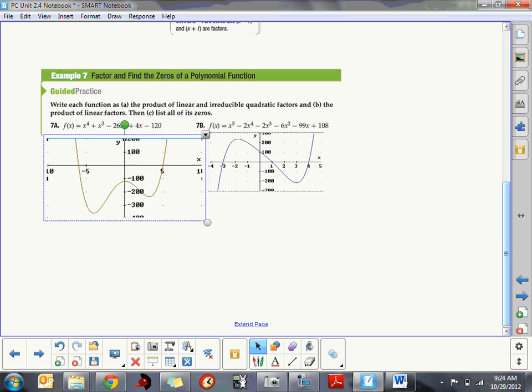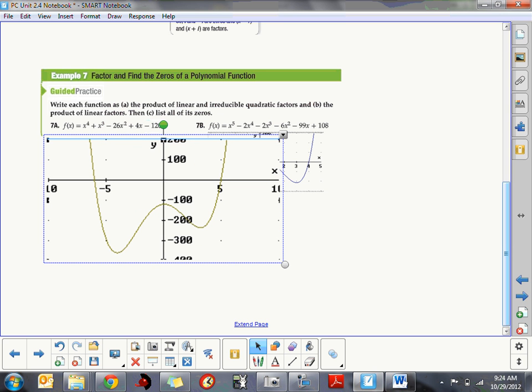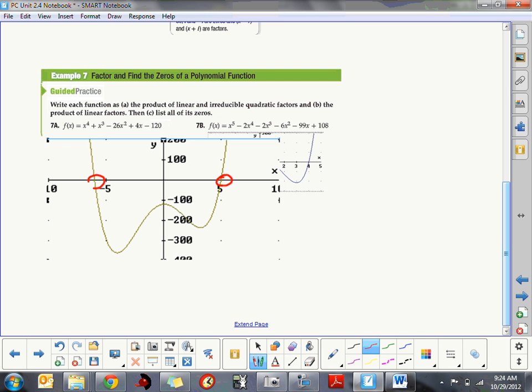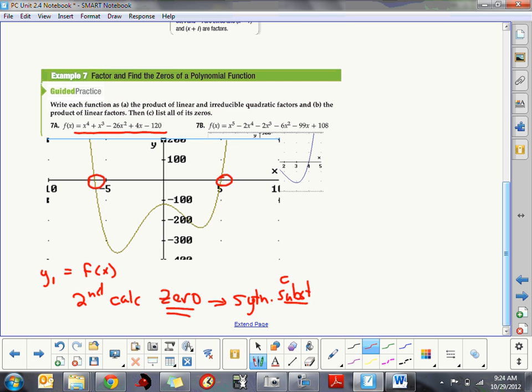And the first thing I would do is to take your graphing calculator and I would try to find your possible real zeros. Now the real zeros are the ones where you can see where it's crossing the x-axis. I have no problem with you taking your calculator, plugging this into your y sub 1, just put in your function f of x, then using your second calculate function on your calculator, second calculate, zero, and then you're going to use those zeros to put into your synthetic substitution or synthetic division, whichever one you want to think of it as.